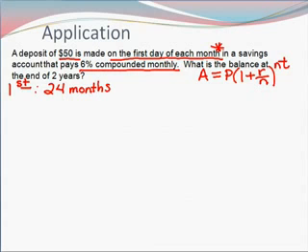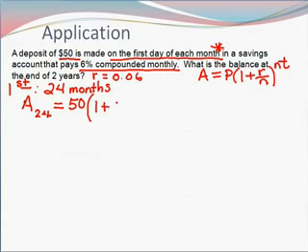So the equation for that would be A, and I'm going to put a subscript, A24, because this is the very first deposit we made. It spends 24 months earning interest. P is 50. r is 0.06, and it's compounded monthly, so n is going to be 12.